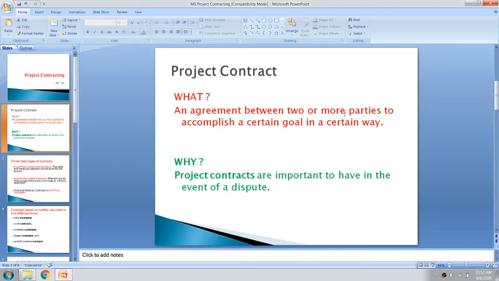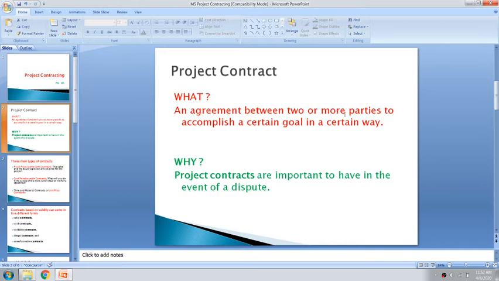That means one party will be putting some condition and the other party is agreeing on it, and there is a mutual agreement between these two, and how it is to be done and what sort of goal we have to achieve, everything together we call it a project contract.